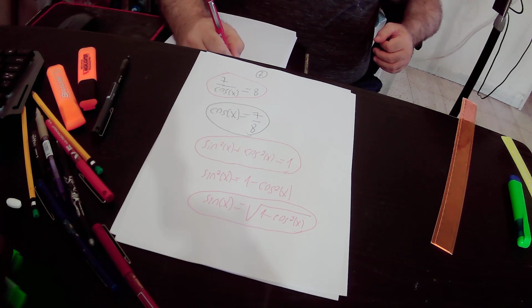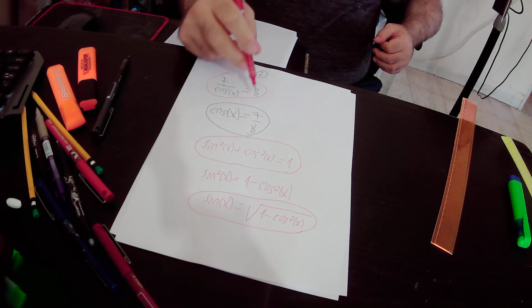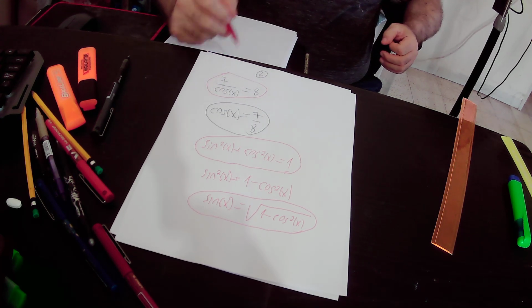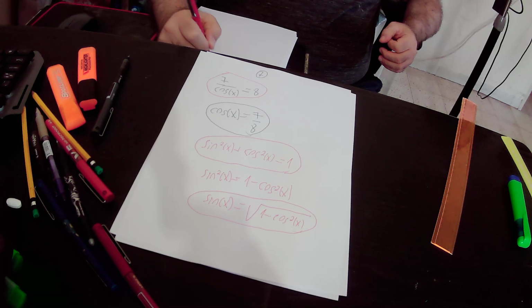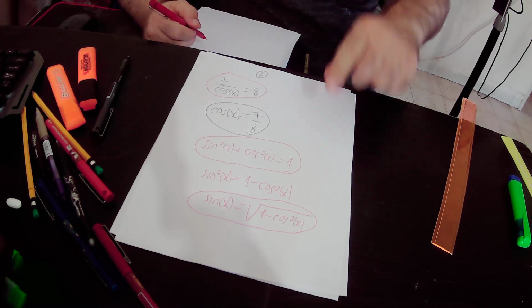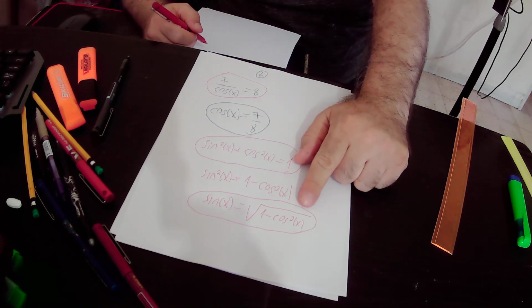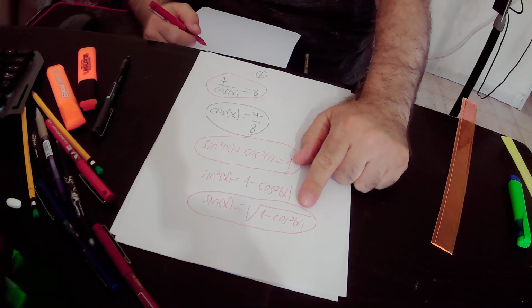So cosine square x equals 7 square is 49 over 8 square is 64. So we can substitute cosine square x by 49 over 64, because cosine square x equals 49 over 64.